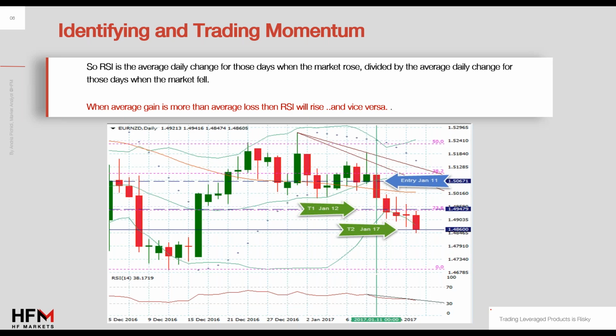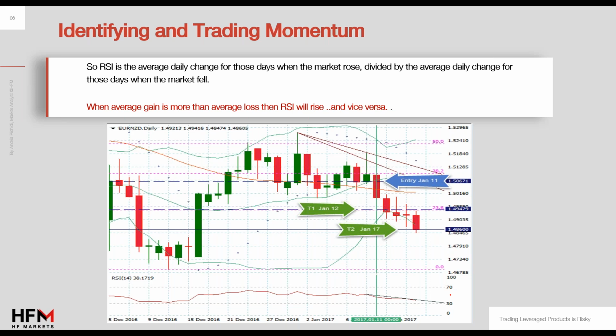So RSI is again ranged like ADX from 0 to 100, but its key zone is at 50, not 25. If RSI is below 50, dropping, that means that we have a swing lower, so it shows direction.